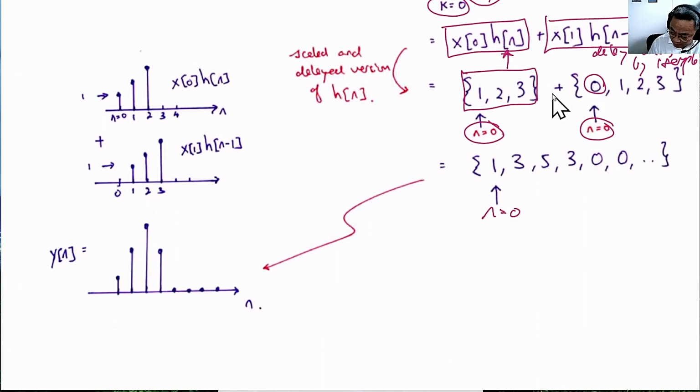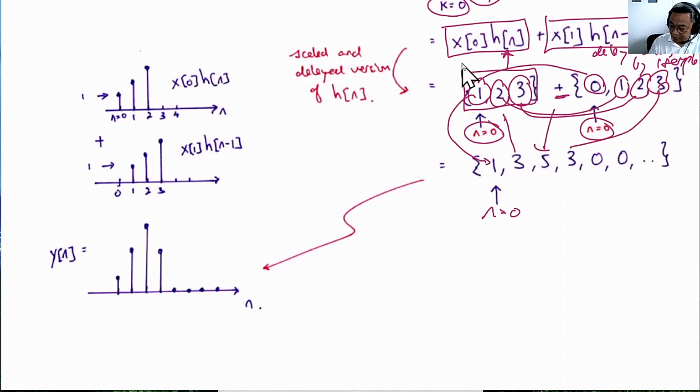Well, this is the plus here, so we are just aligning 0, 1, 2, 3 with this 1, 2, 3, and we are adding. So 1 plus 0 gives you 1, 2 plus 1 gives you 3, 3 plus 2 gives you 5, and this last 3 here. And of course outside this are all zeros because there's no value here.